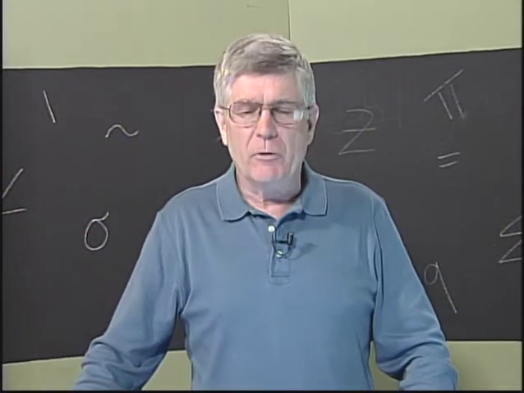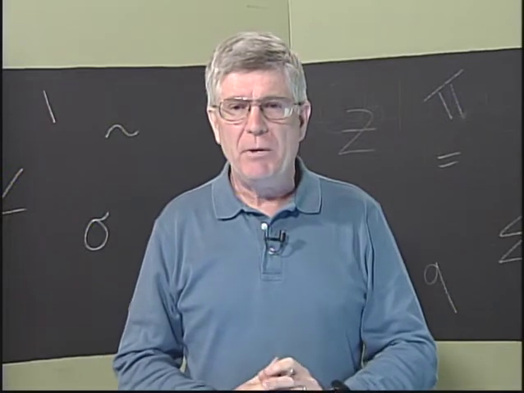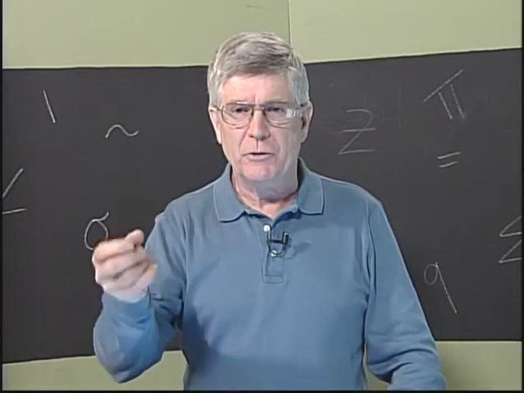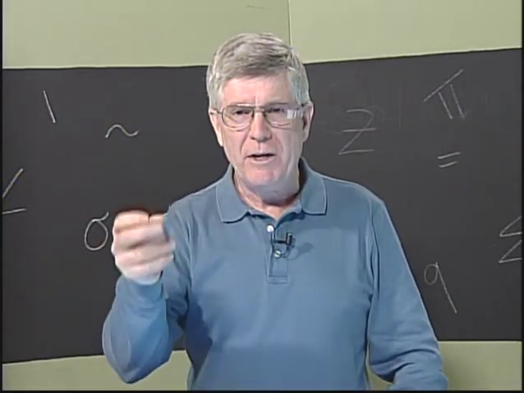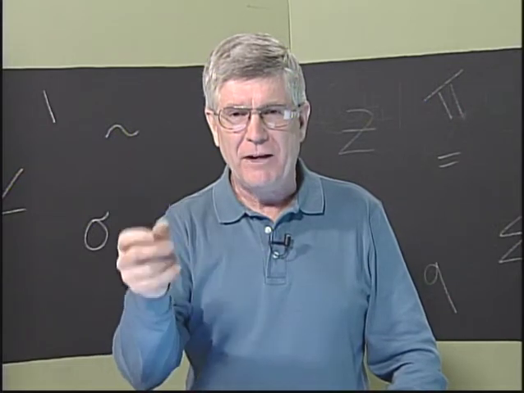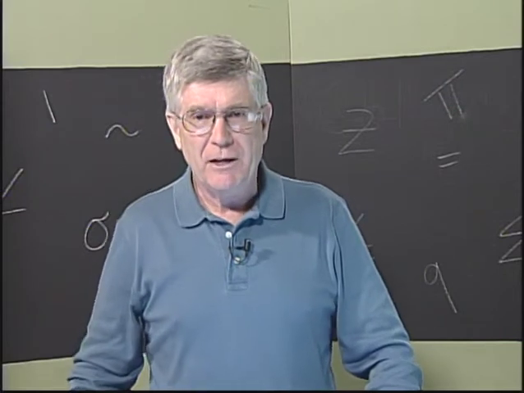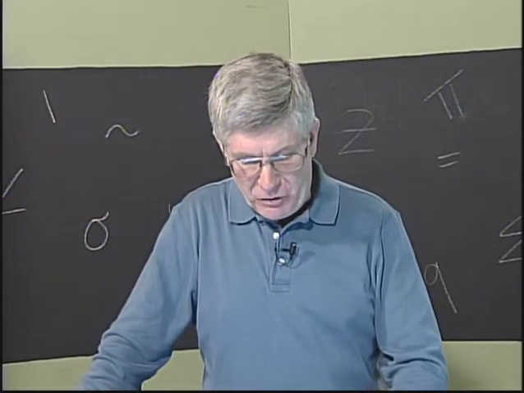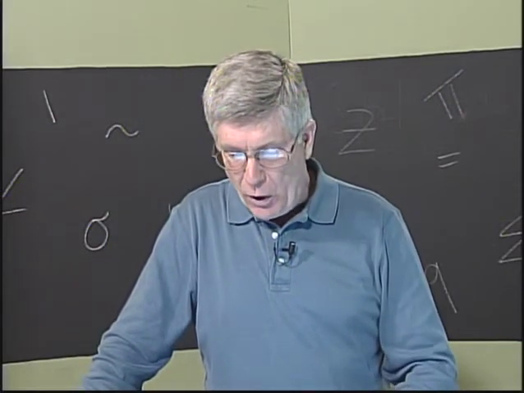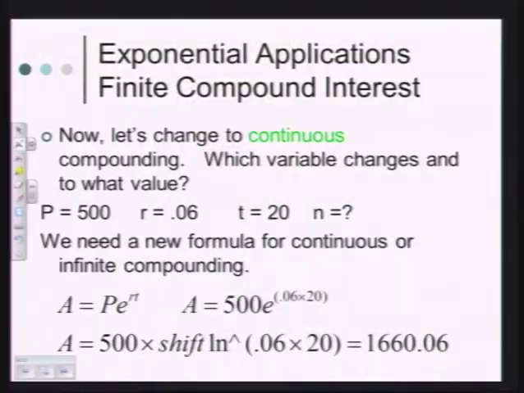So Bob gets really greedy and he says, look, I want to be paid continuous interest. In other words, every time, and in fact, faster than I can click my finger, I want to be paid interest. And that becomes continuous compounding, or we would call it infinite compounding. So in this case, we're going to need a new formula.